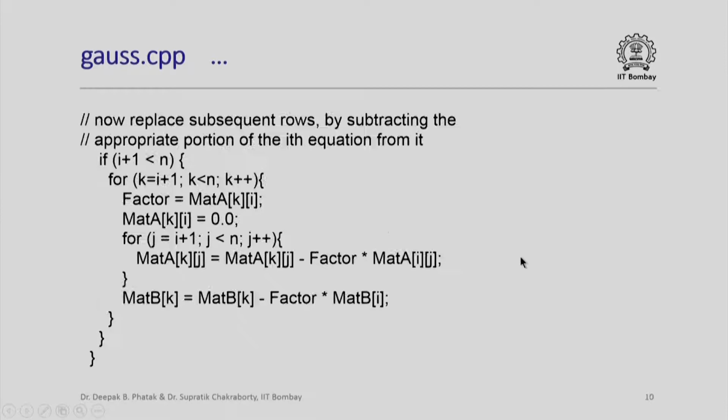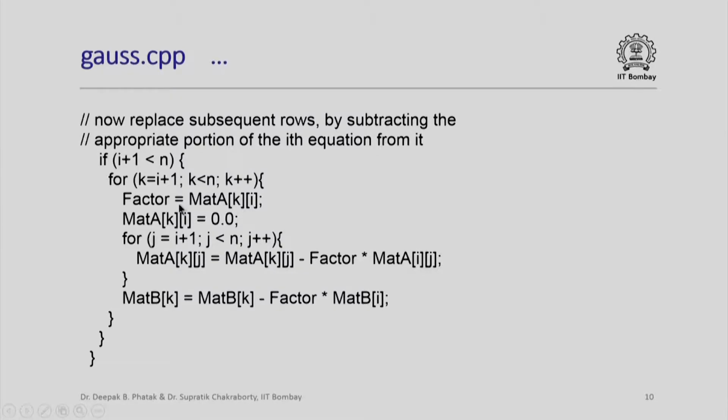Let us look at the subsequent sequence. We have subsequent rows, and in the subsequent rows below this diagonal we need to get all zeros. We now apply the second transformation, namely we subtract the appropriate portion of the ith equation from the next row. So if I plus 1 is less than n, then for k equal to I plus 1 to n minus 1, we calculate a factor which is nothing but mat A ki.